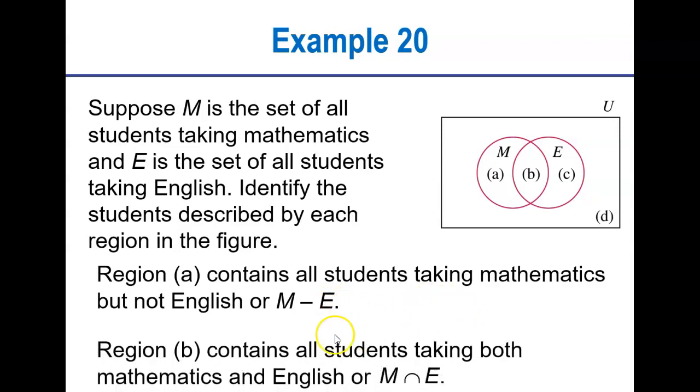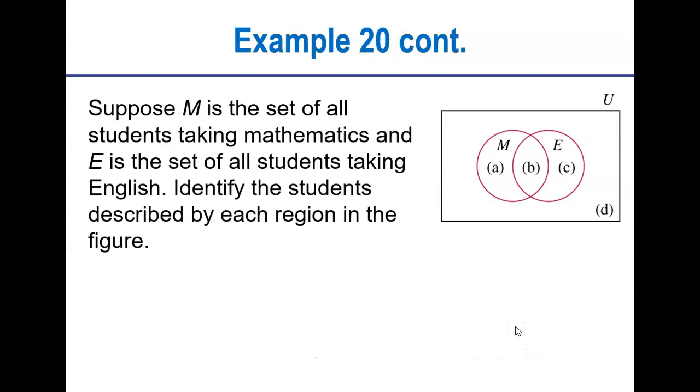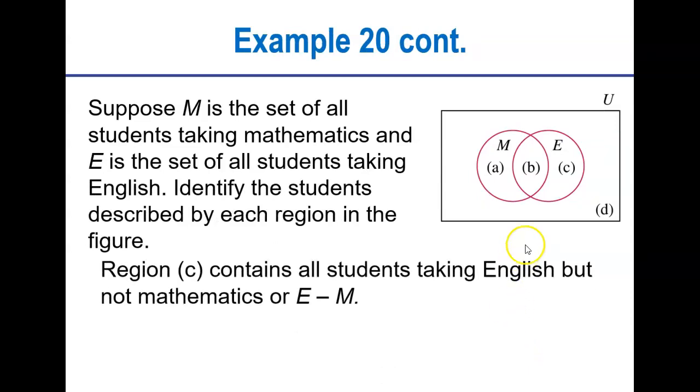Now, region B contains all students taking both mathematics and English, or we would say M intersect E. And then for region C, it contains all the students taking English, but not mathematics.